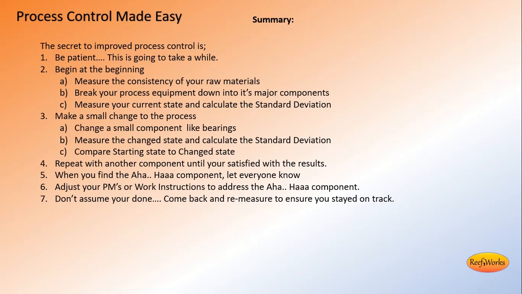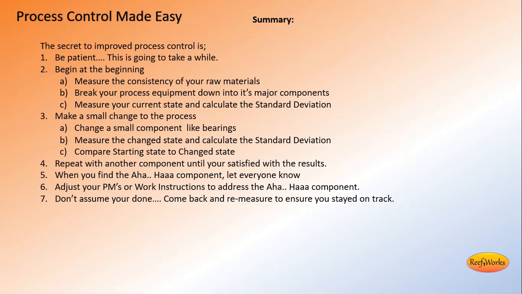Measure the changed state and calculate the standard deviation. Again, you really want to put it down in hard terms, write it down somewhere where you can access it, because you're going to get called to meetings, you're going to have emergencies, weekends, that kind of thing. You may forget what that number is. So write it down. Make sure that you can prove your work, if you will.